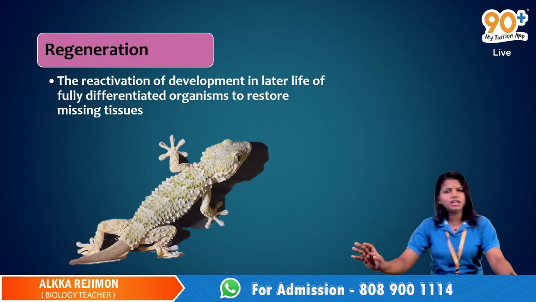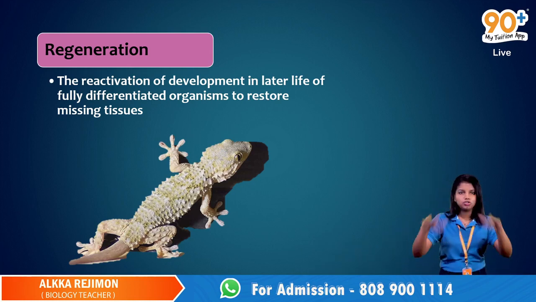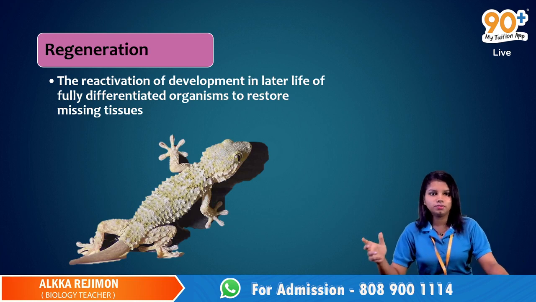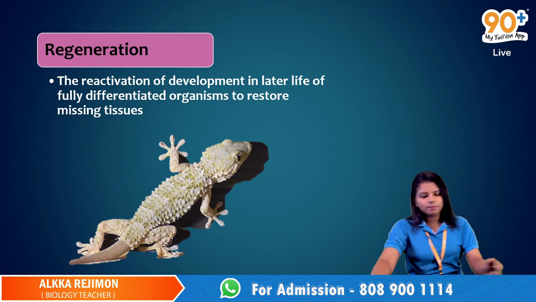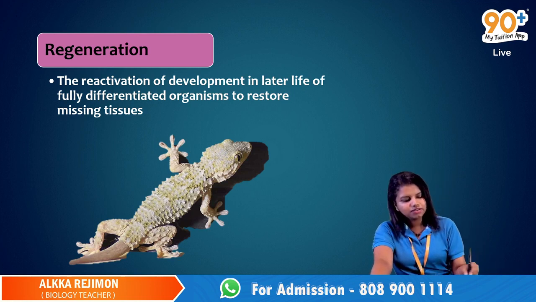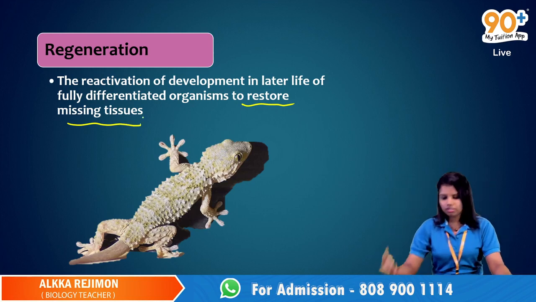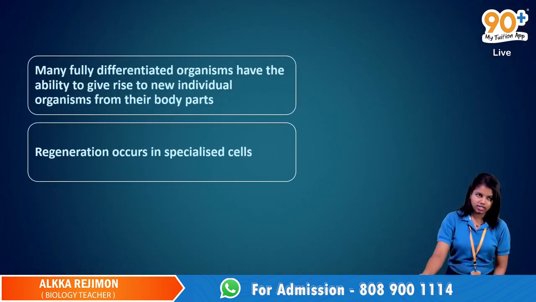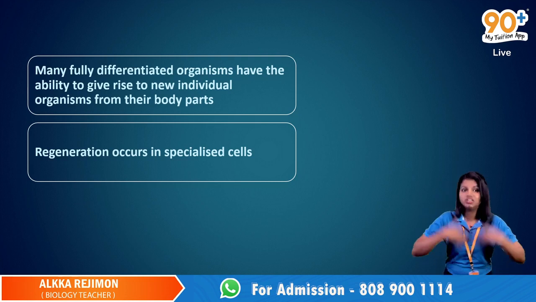And this could be a familiar one to you all, although the other asexual reproduction is not visible to our eyes. Regeneration is a kind of asexual reproduction which we would have seen. So the reactivation of development in the later life of a fully differentiated organism to restore the missing tissue is called regeneration. During regeneration, either an entire organism can be created or the lost part of an organism can be regenerated.